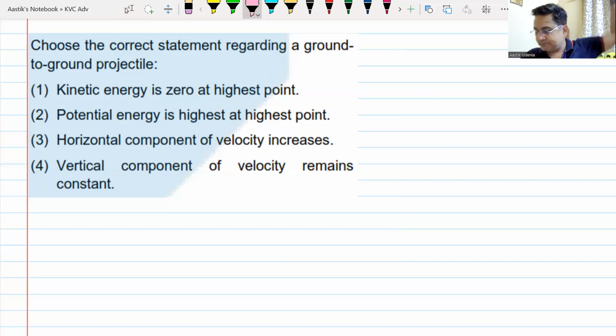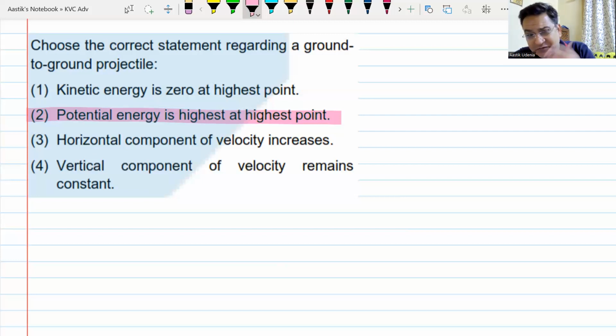1 and 2, sir. 1 and 2 is very wrong, sir. It's only answer 2, sir. Kinetic energy is 0, that means it will fall. Does the projectile fall from the highest point down? What is 0 at the highest point, my dear friends? Vertical velocity is 0.